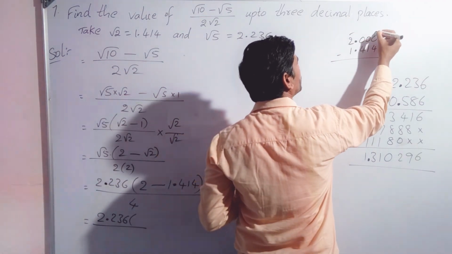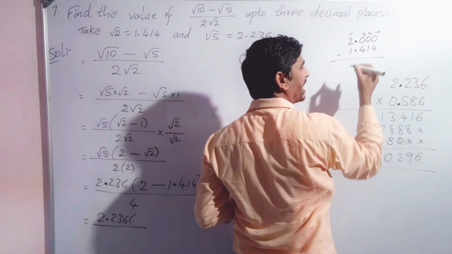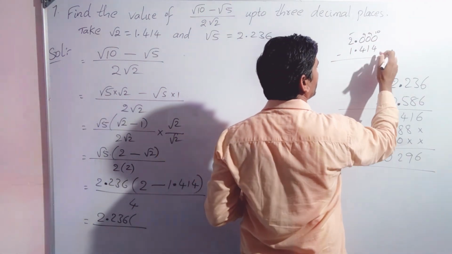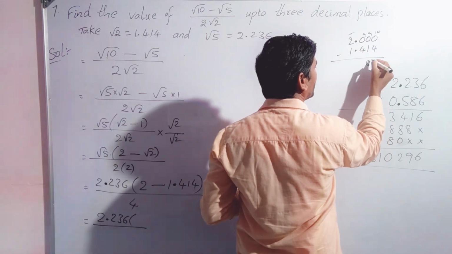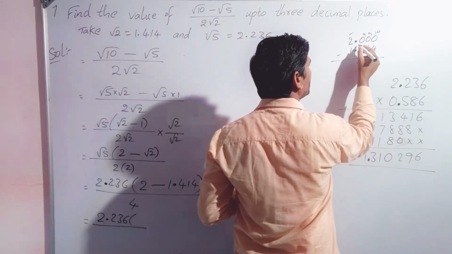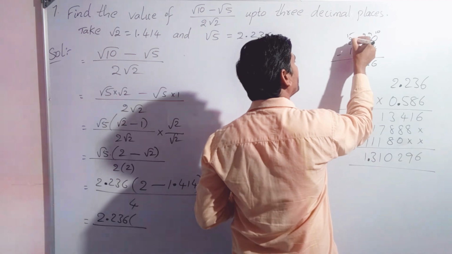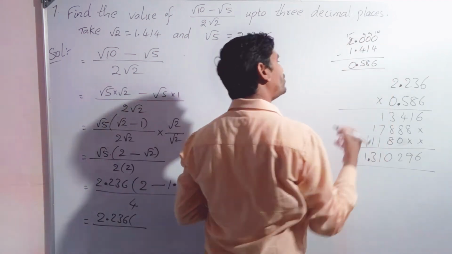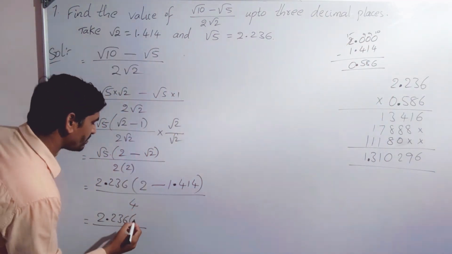Now check the borrow. 10 minus 4 is 6, 9 minus 1 is 8, 9 minus 4 is 5, and 1 minus 1 is 0. So we get 0.586.